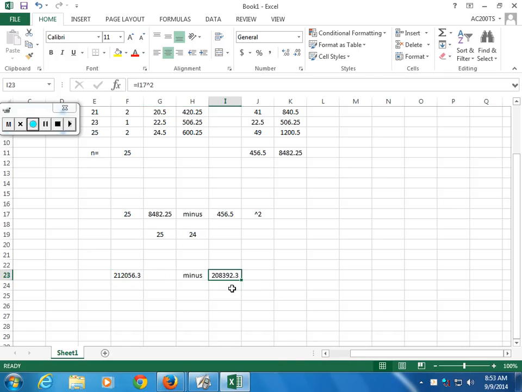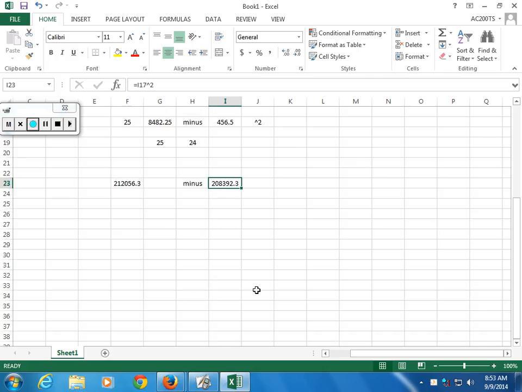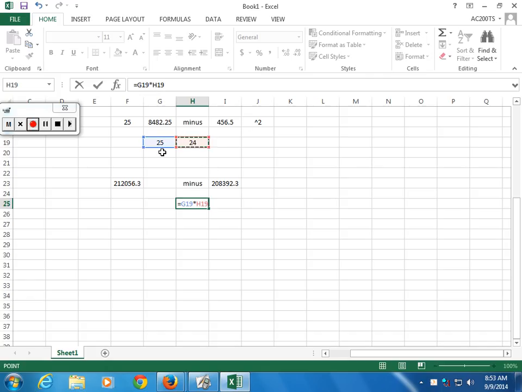Say again? All I heard was this has to be bigger than this number, or this has to be less than this number. If this number is smaller than this number, you've done something wrong. All right, equals 25 times 24.